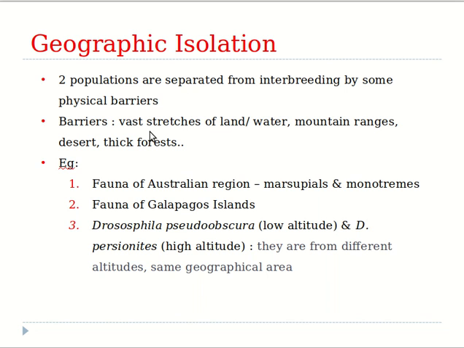The barriers may include vast stretches of land or water, mountain ranges, deserts, thick forests, etc. These geographical barriers prevent migration and intermingling of the individuals of two populations, and hence interbreeding and subsequent gene exchange between them are completely prevented. So that is how isolation results in separation of subgroups in the population. Now, examples include the fauna of the Australian region, especially marsupials and monotremes.